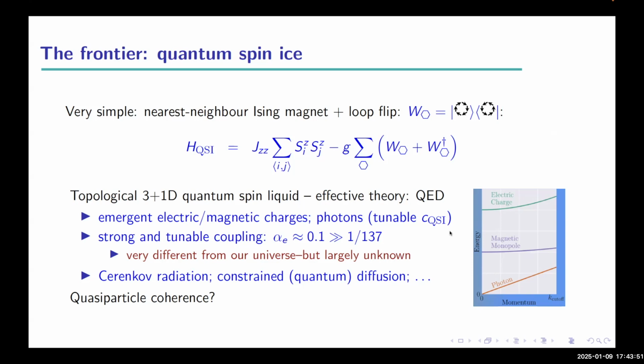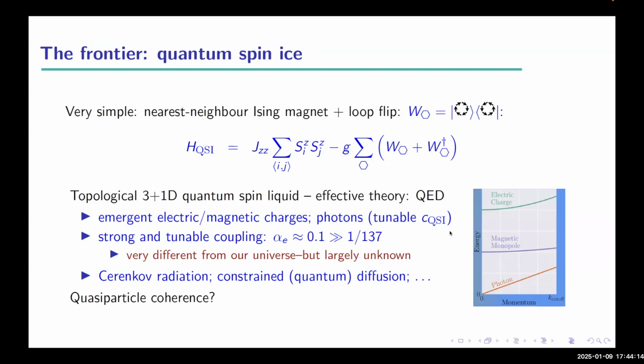Okay, so one is there are more particles than in our quantum electrodynamics. In our quantum electrodynamics, we've got electric charges like the electron, but we believe we don't have magnetic charges. So here we've got two species of charges, electric and magnetic, and therefore you've got a bigger space of behavior that you can actually probe.